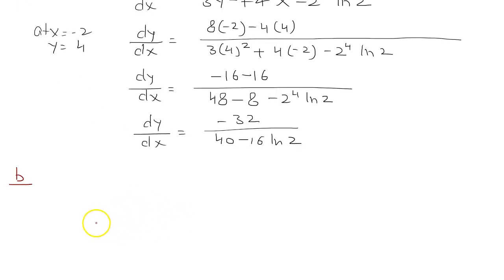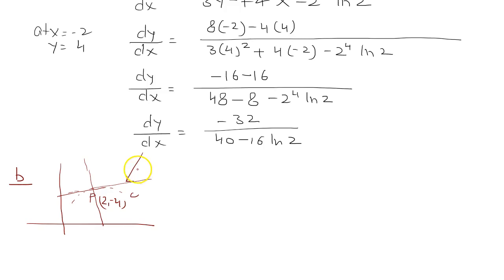Part B is the normal to C. So this is B, this is C, and say this is the normal. These are the x's. This is 2 and minus 4. This is dy over dx at point P. This is the y-axis.